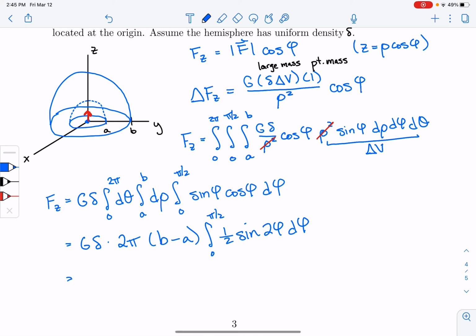So I'm going to get 2 pi G delta times B minus A. And then when I integrate, I'm going to get a minus 1/4 times cosine of 2 phi evaluated between 0 and pi over 2.